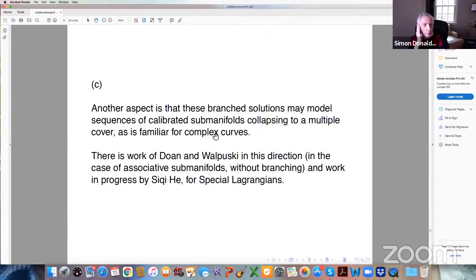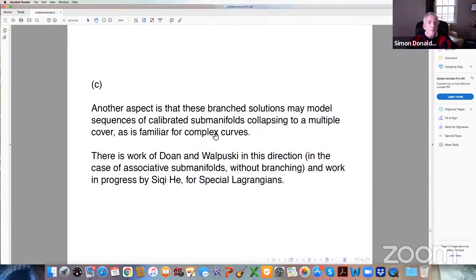In the case of complex curves, you have to take account of the fact that you might have a map of a Riemann surface into your Calabi-Yau threefold which maps as a branched cover onto its image. And then you can imagine deforming this into a family of embeddings which converge to this branched cover.